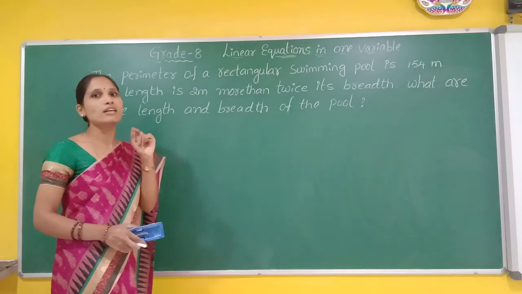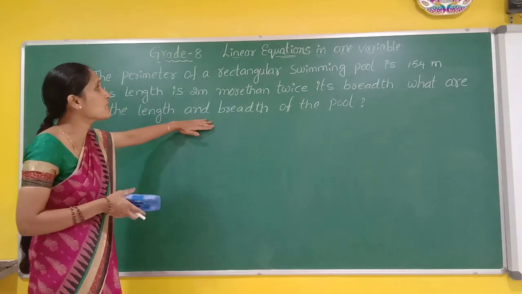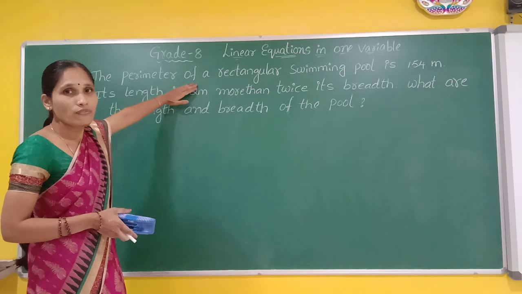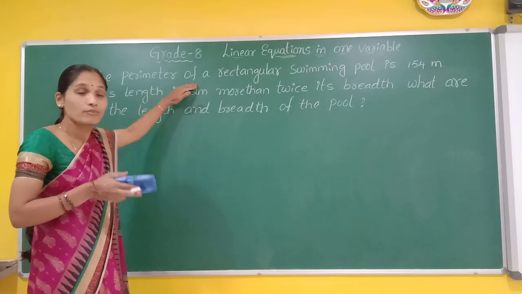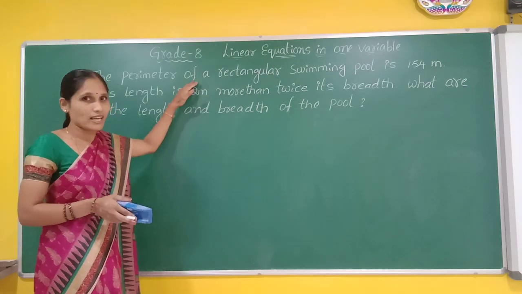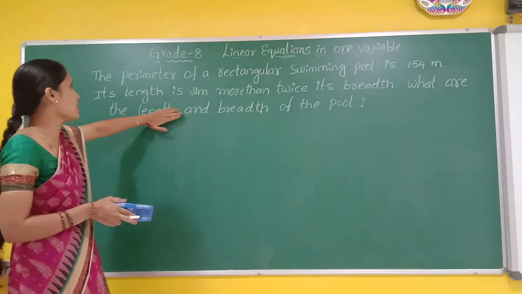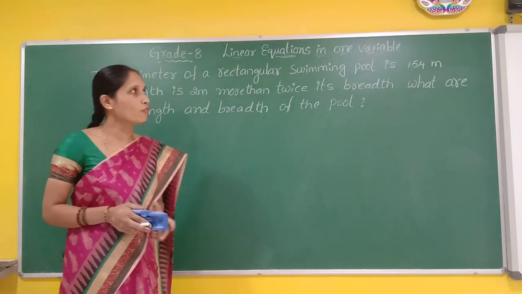Similar problem we can observe in the example problem. In that problem also they gave the perimeter of a rectangle and the breadth of the rectangle, and we found the length. Same thing here, perimeter of the swimming pool is 154 meters.